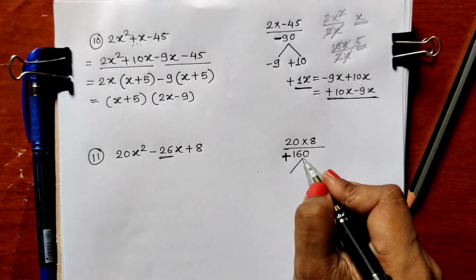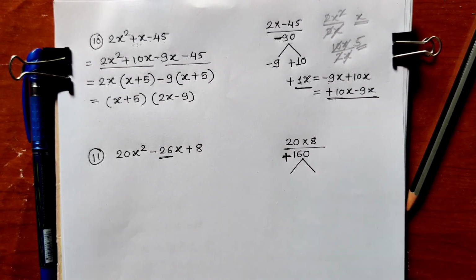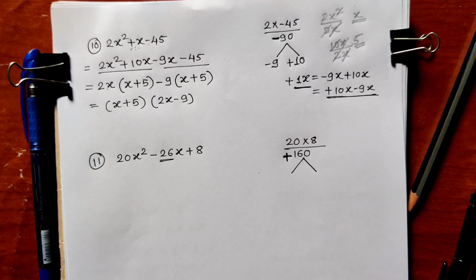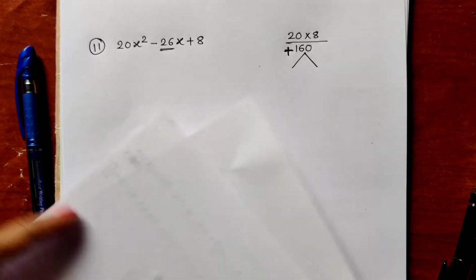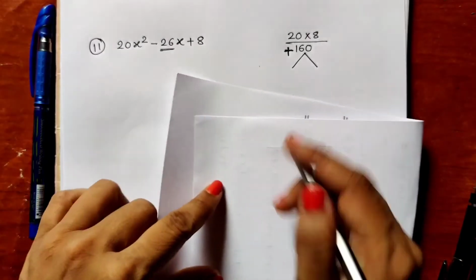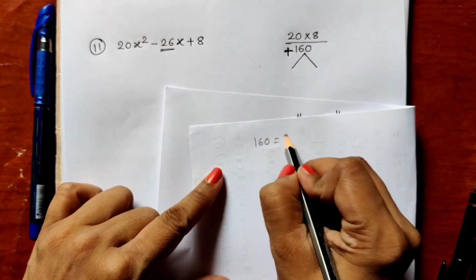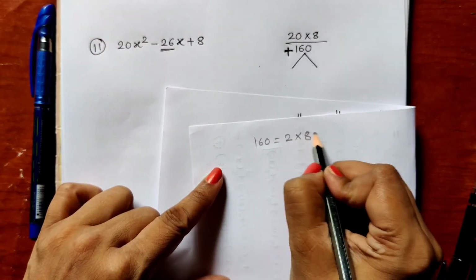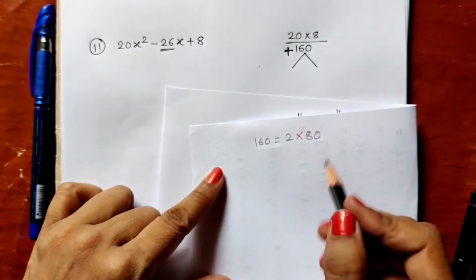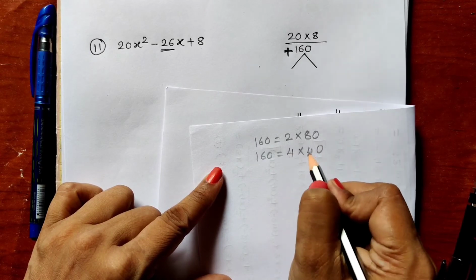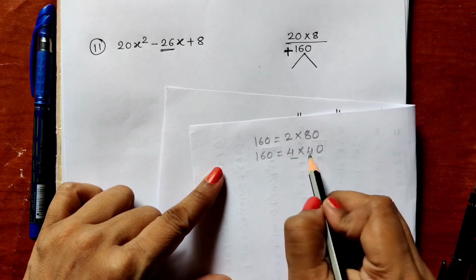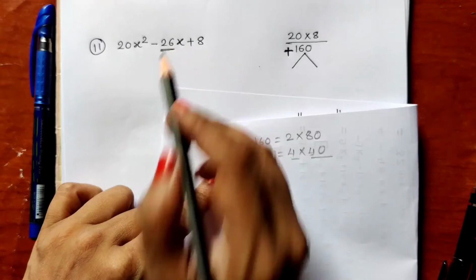We have to find out the factors of 160 whose addition should be 26. We can get various factors of 160, but we have to find only such two factors whose addition should be 26. So we can get 160 is equal to 2 into 80, correct? But 80 plus 2 is not 26. We can get 4 into 40, 4 4s are 16 and 4 zeros are 0, but 4 plus 40 is not 26.